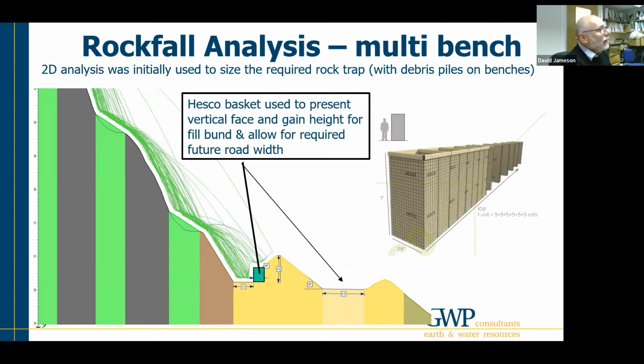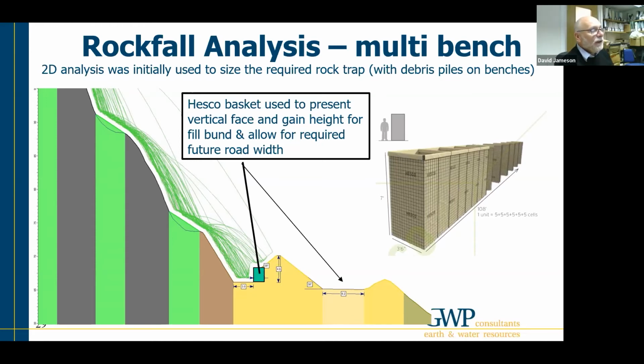The analysis shows here some of the initial benches being filled up with debris from the upper slope, and in those cases you can see that you need quite a high, 4-meter plus rock trap in order to contain most of that debris that's coming off the face.